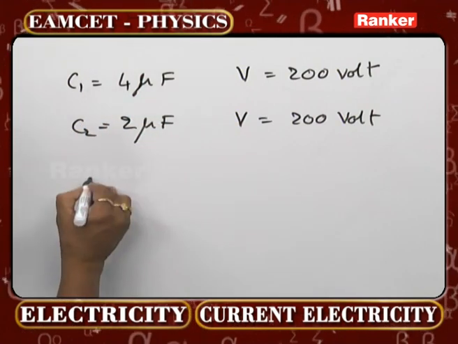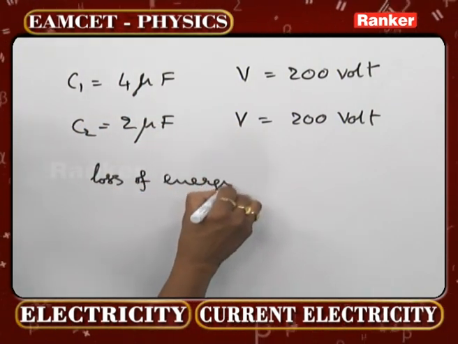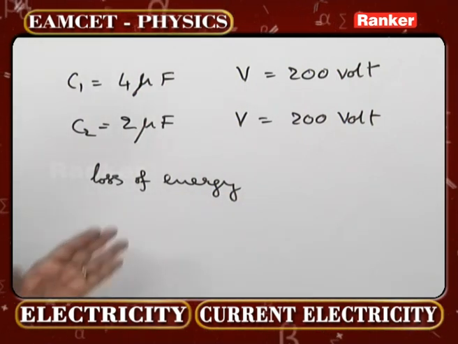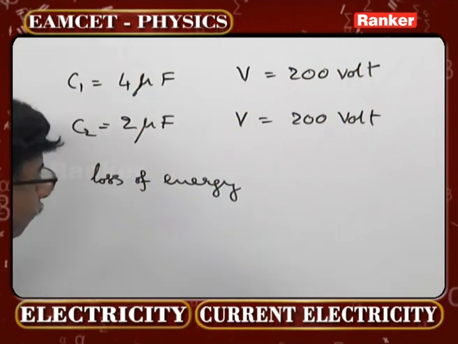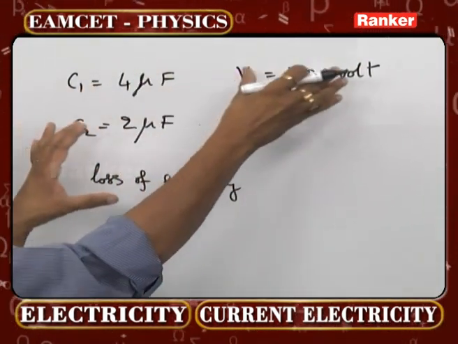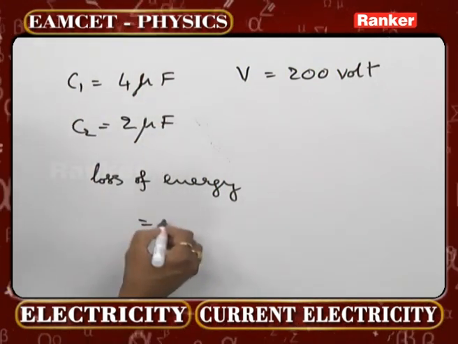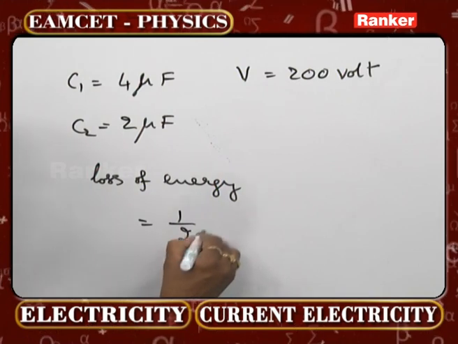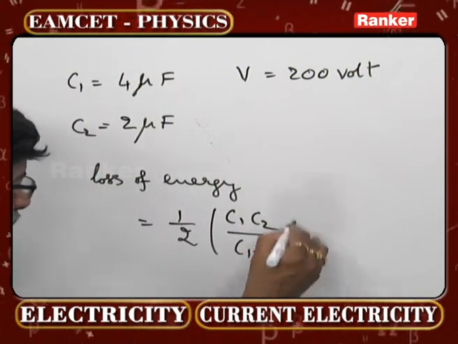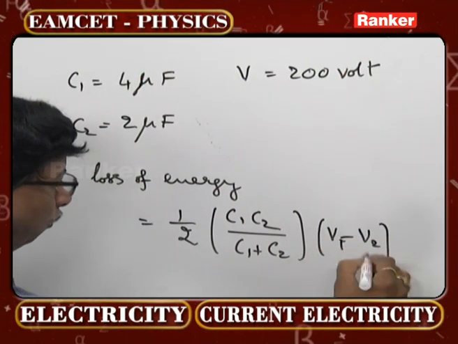Loss of energy in this particular case, he is talking about the second one being uncharged. Uncharged means second one initially is not going to have any voltage. After connecting only 200 will be taken up there. So loss in energy, what is the formula to be taken up? Half of C1 C2 by C1 plus C2 into V1 minus V2 whole square.